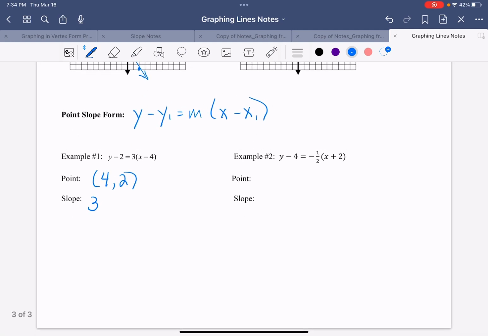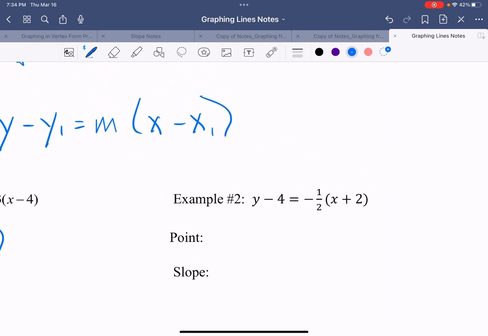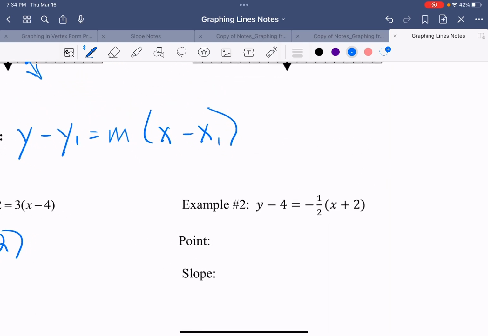All right, let's look at example number 2 now. Same thing here. I want to make sure that equation is in there so you can see it and compare. Notice our y is the same. This is our point for this, the y for the point. This is our slope, m. X stays the same. And this is now the x for the point.